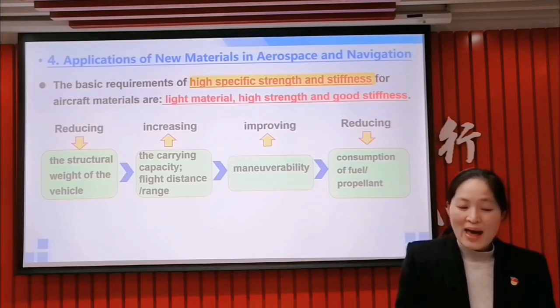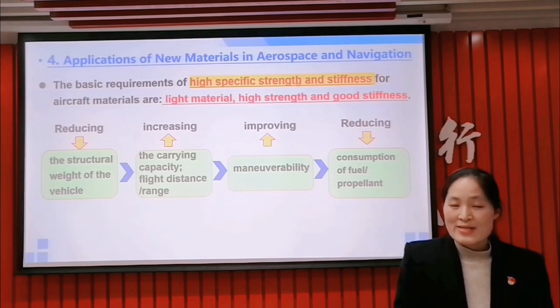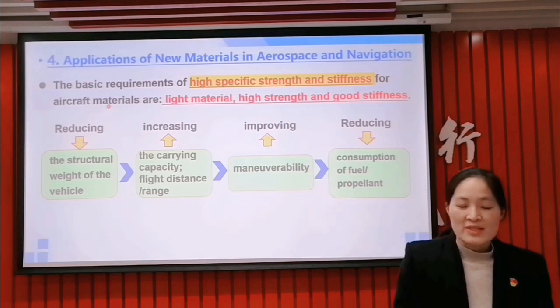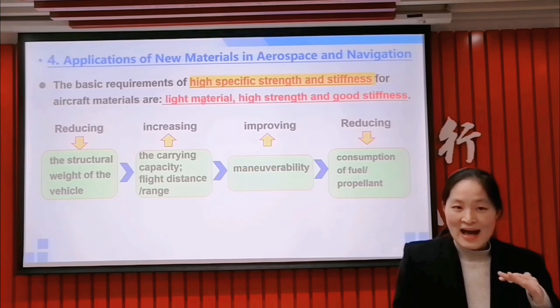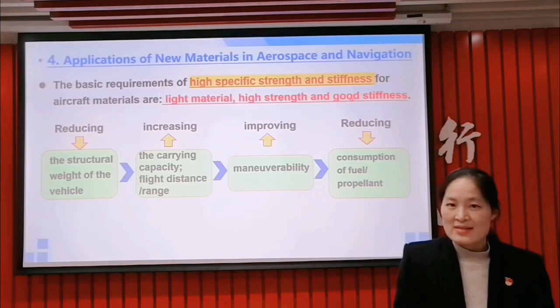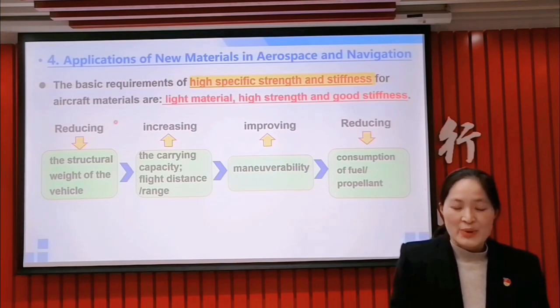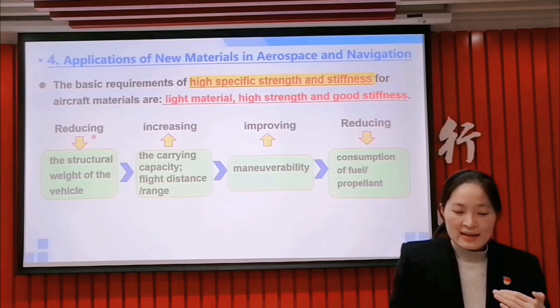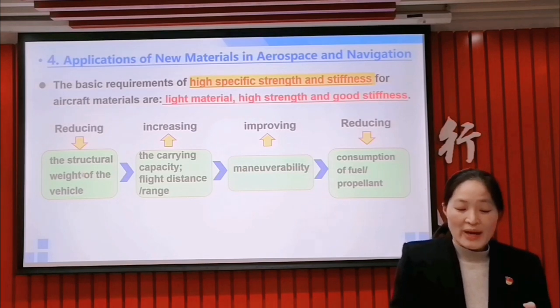The basic requirements of high specific strength and stiffness for aircraft materials are: light material, high strength and good stiffness. If the material has this characteristic, it can reduce the structural weight of the vehicle.